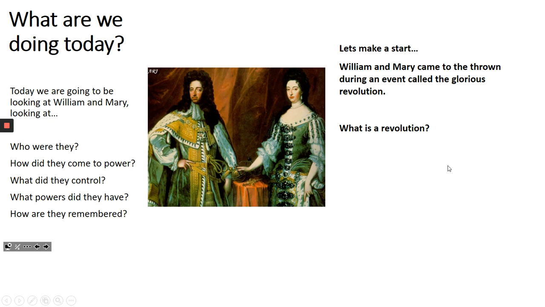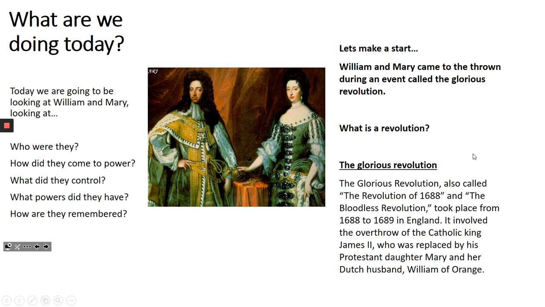Now, the Glorious Revolution is what we're looking at, and I'd like you to summarize the definition. So write the words Glorious Revolution in your books, or on a piece of paper, or on your Word document, and write a short sentence about what the Glorious Revolution was.